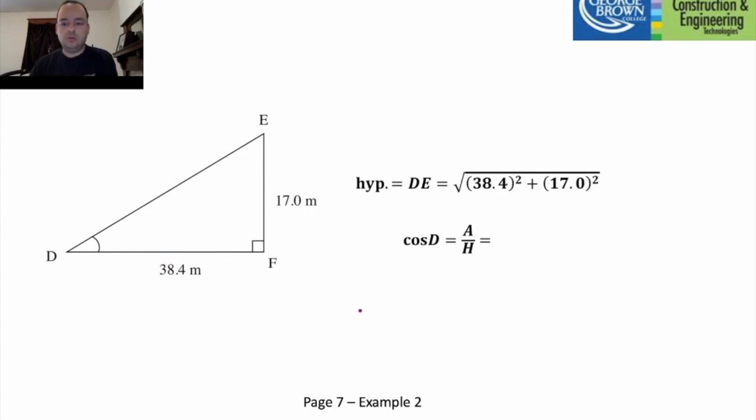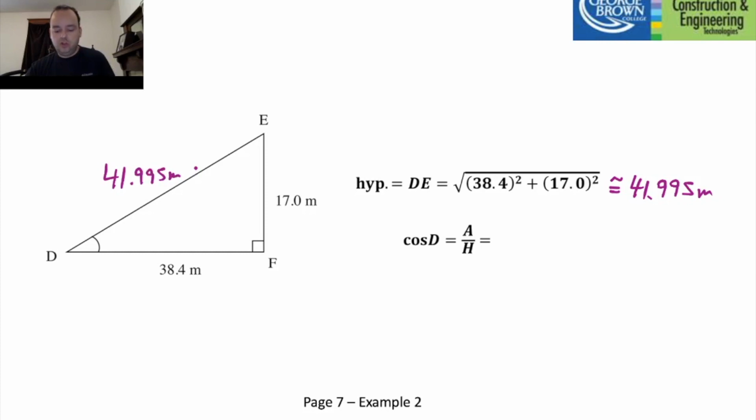So there's my adjacent and hypotenuse. Let's just fill in those numbers again because I felt kind of incomplete in how I presented the previous slide. So that's 41.995 meters. And I'll just put that on the diagram again here, 41.995 meters.